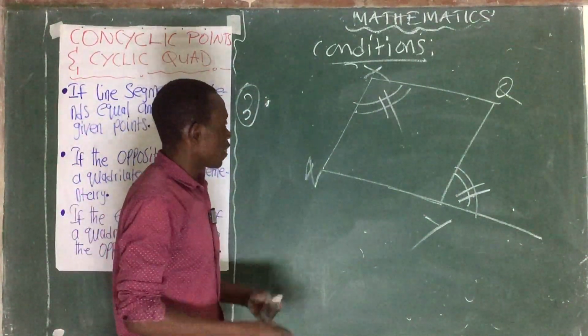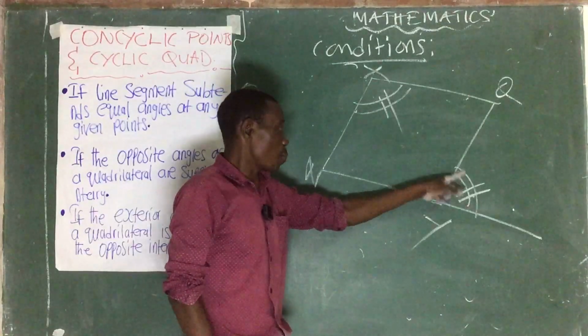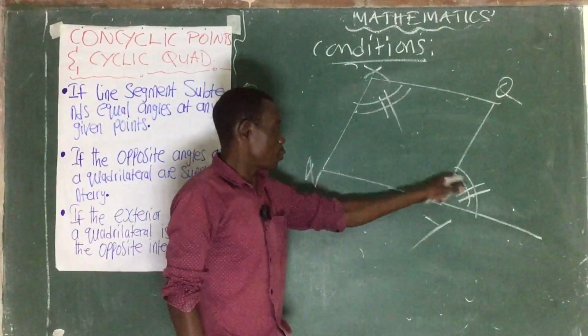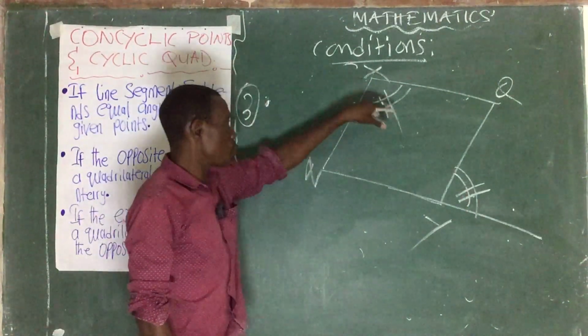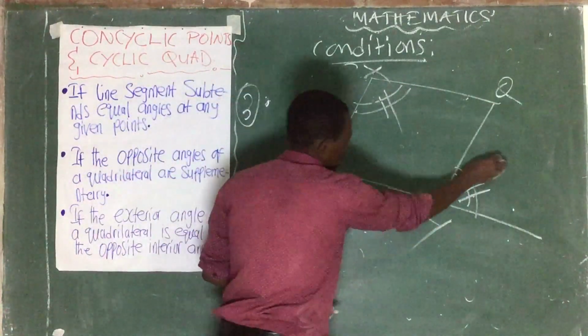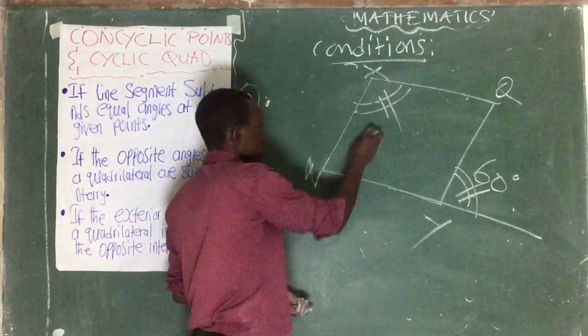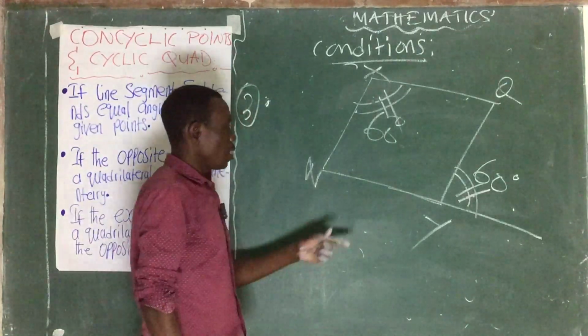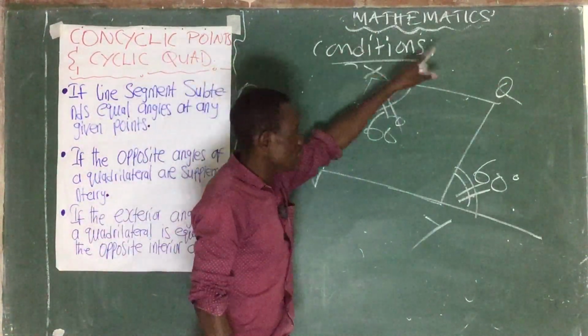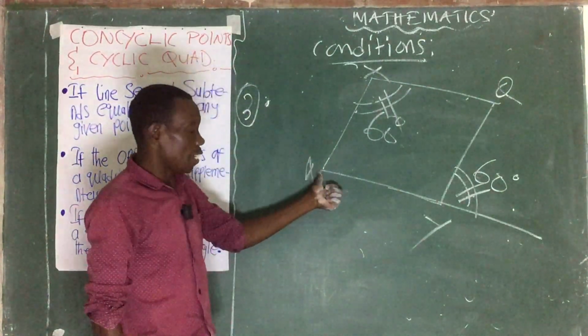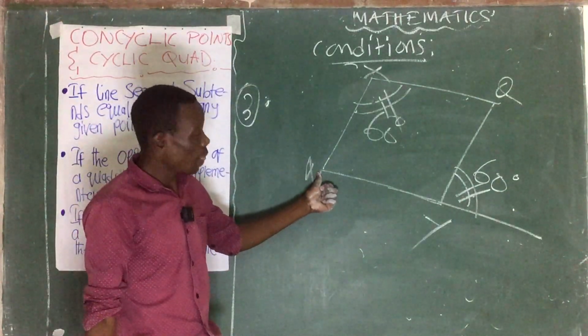And the moment you realize that this angle here is equal to that one, these are the opposite interior angle. These angles are opposite to each other. Exterior is opposite to interior angle. If it is 60 degrees, for example, and this one is also 60 degrees, then quadrilateral X, Q, Y, N must be what? Cyclic. Right.